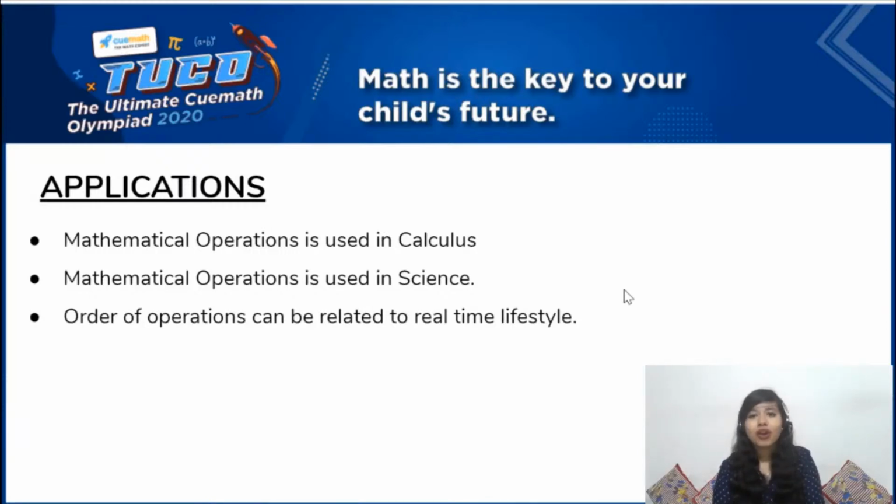So when I say order of operations in real life, one example which I could tell all of you is when we are wearing, let's take an example of socks and a shoe. We always wear socks before the shoe, right? We never wear a shoe and then wear socks, because then there's no meaning to it. There's no conclusion to it. It doesn't make any sense, right?